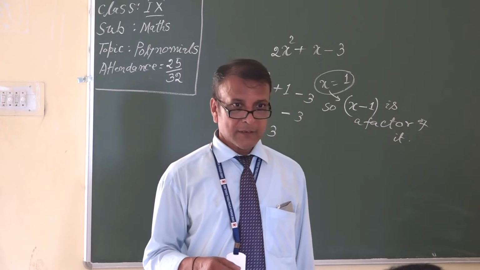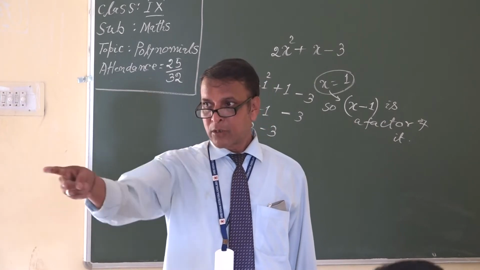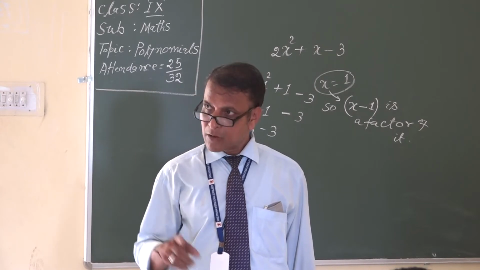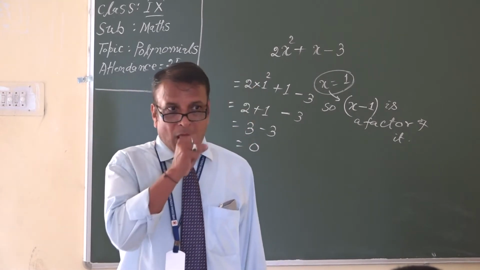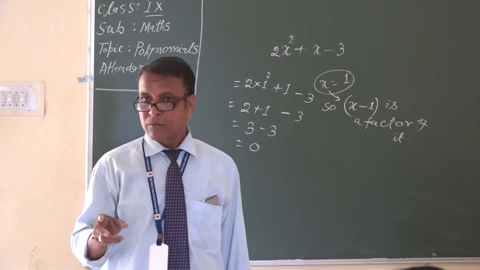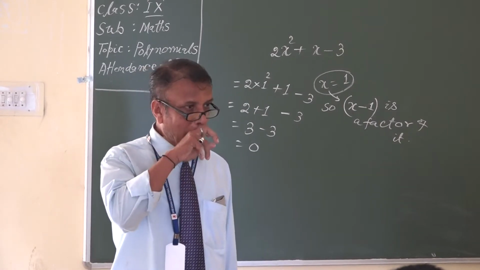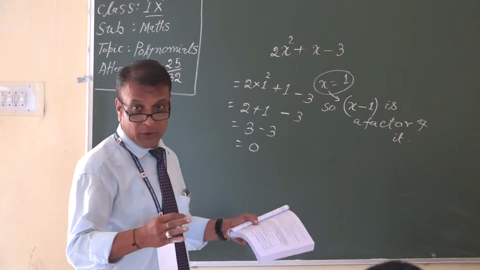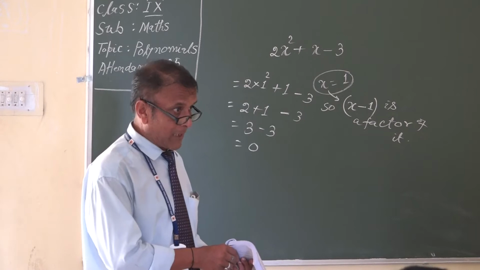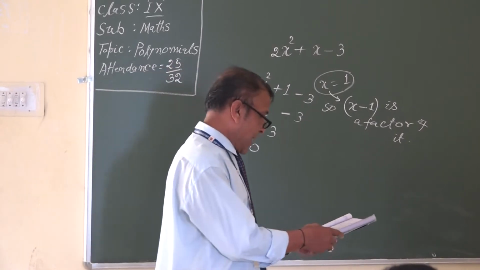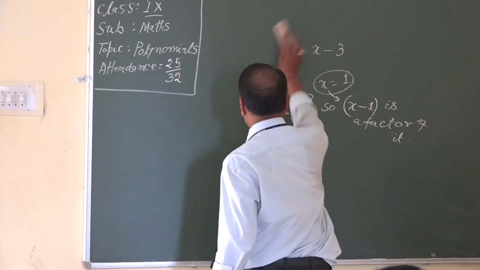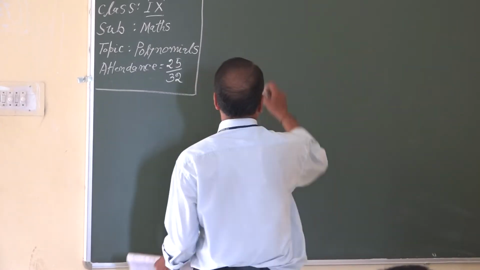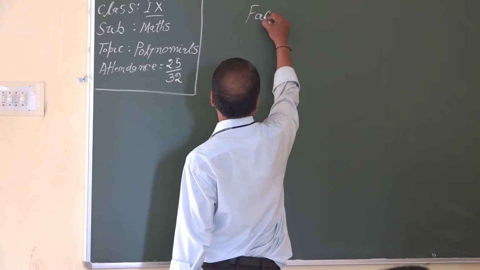A plus b whole cube is equal to a cube plus b cube plus 3ab into a plus b. Very good. Likewise, by using different formulas, we can also factorize a polynomial. So today I will tell you about the middle term splitting method.